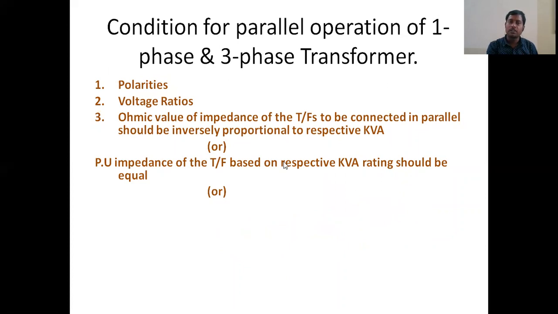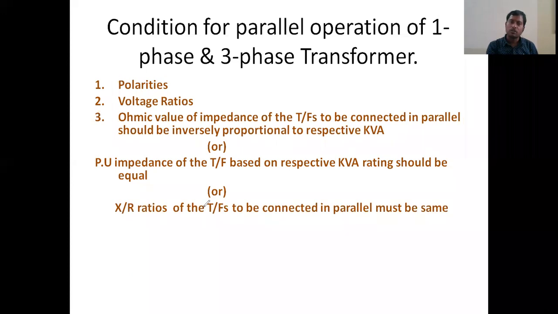And another condition is the X by R ratios. The transformer 1 X by R ratio, nothing but the reactance to resistance ratio, must be equal to the transformer 2 X by R ratio. X1 by R1 is equal to X2 by R2, where 2 is the second transformer and 1 is the first transformer. This condition must be satisfied.